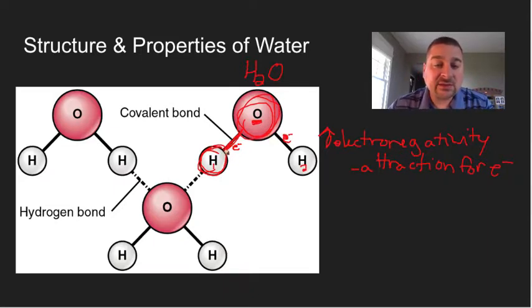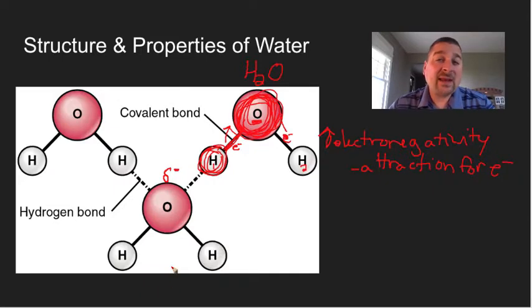The electrons are going to be spinning around the oxygen more times than around the hydrogen, so we say the oxygen side of the molecule is going to be slightly negative. Greek letter sigma, so sigma negative, slightly negative.